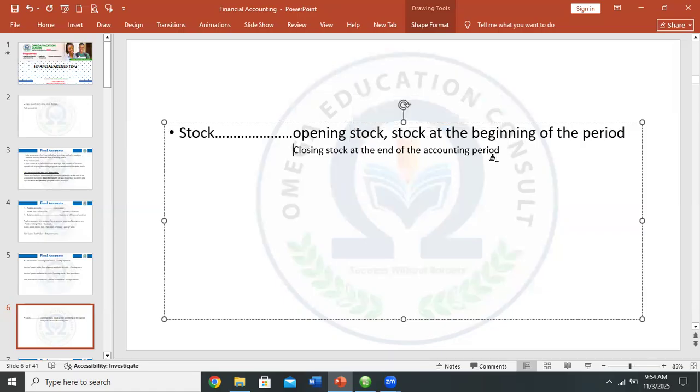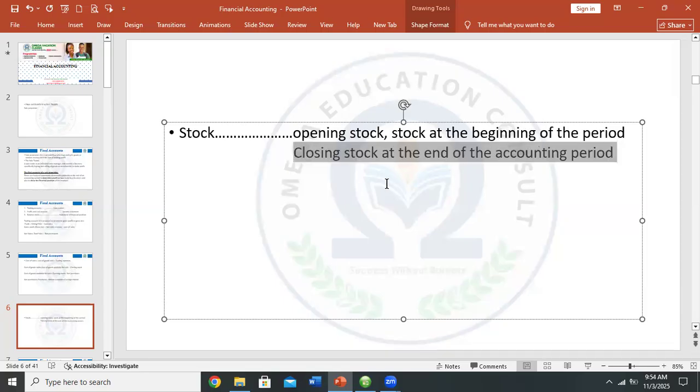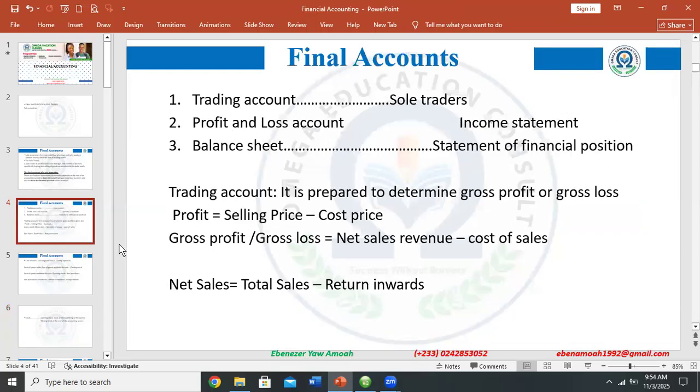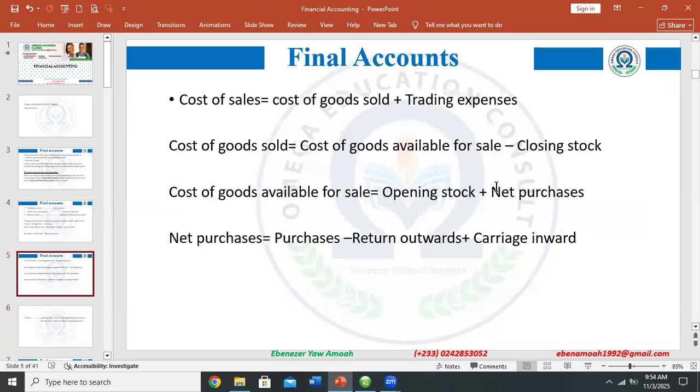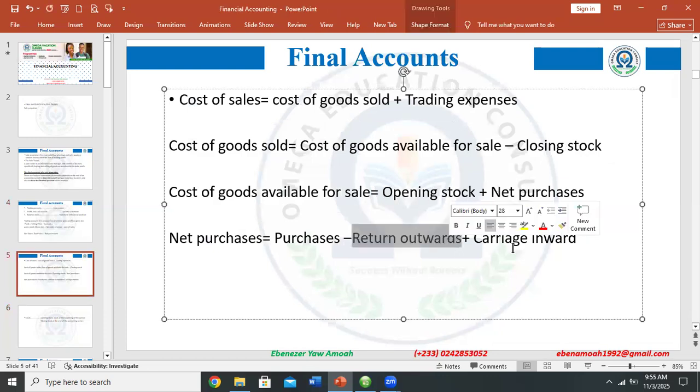Now, you could also see that I made mention of certain things like, let me go back to that page again. You see things like return outwards, right? And carriage inwards. I'm picking these items because they are very familiar to you, right?